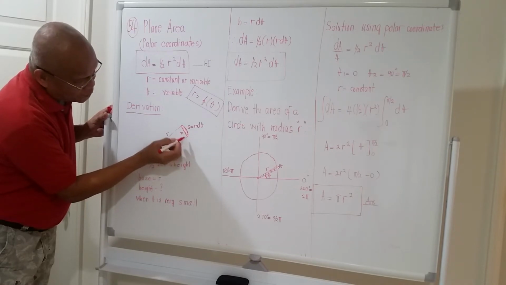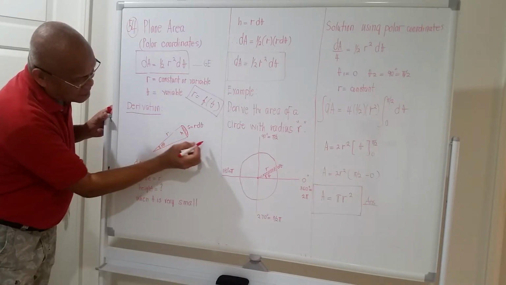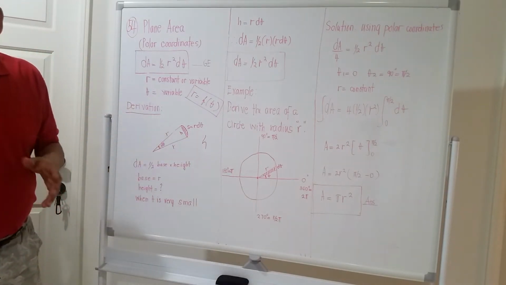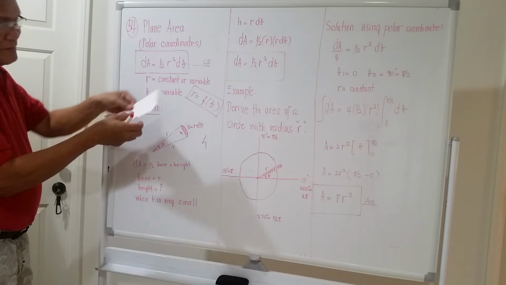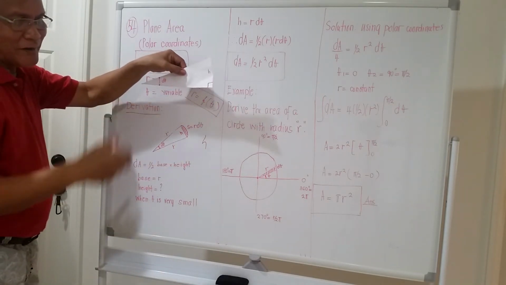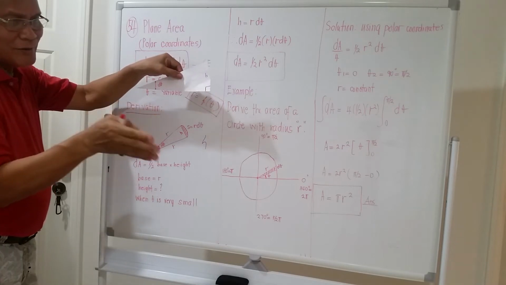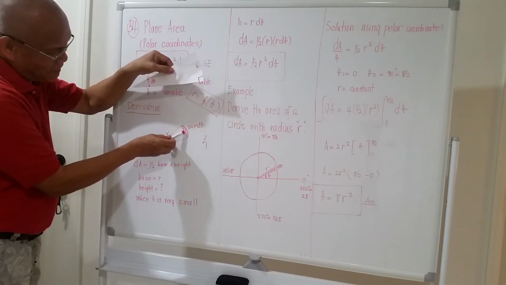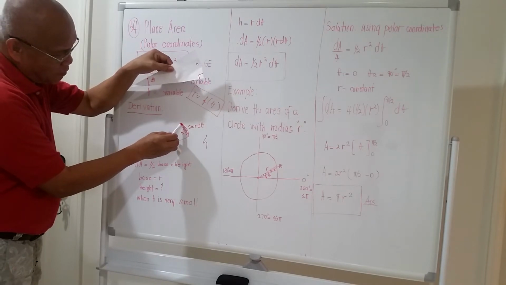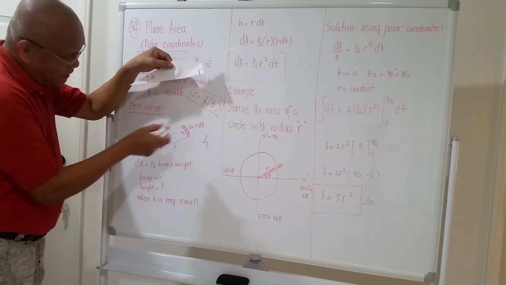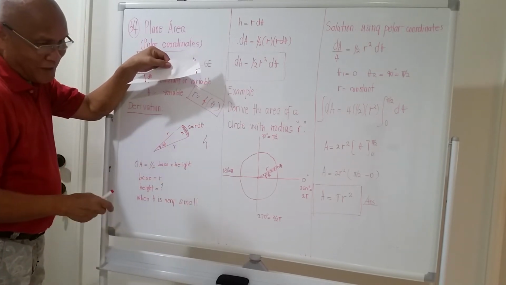If I will connect this one, I could designate this as letter h, the height of the resulting triangle. I assume for the meantime it's a right triangle. It's a very minute right triangle. So actually this h here is almost equivalent to the arcs, okay, if this angle is very small, okay?